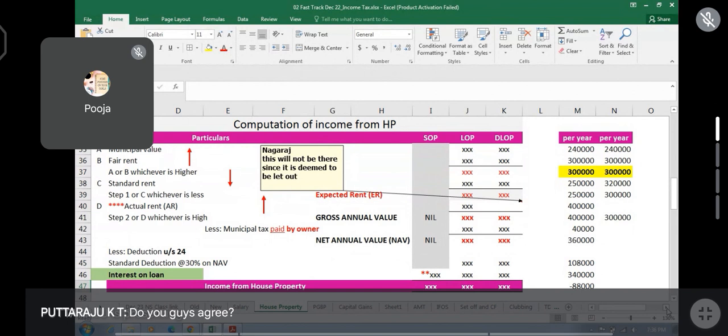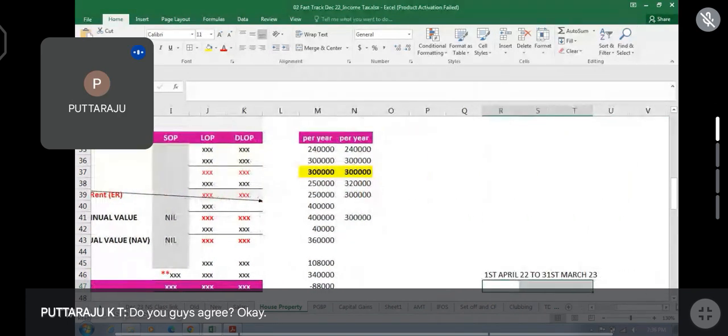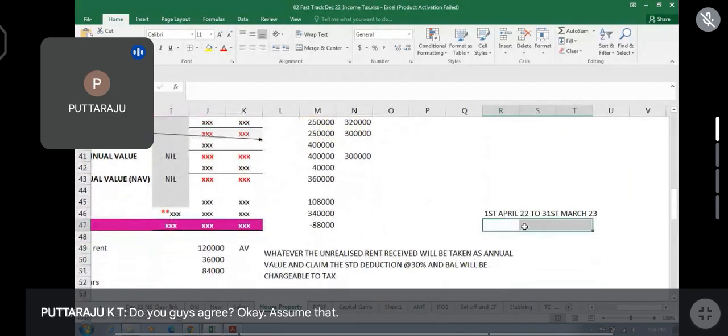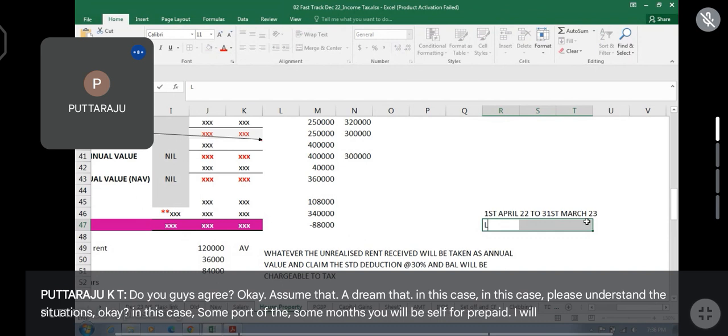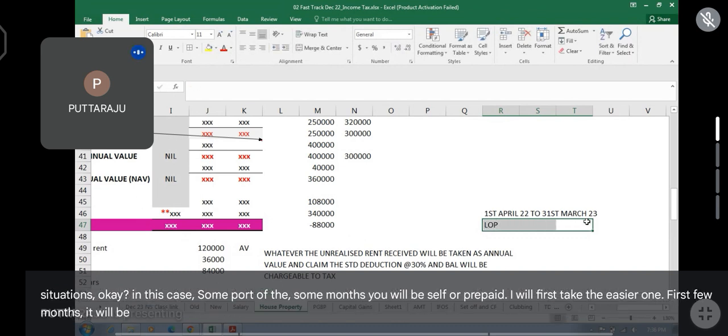Okay. Assume that in this case, please understand the situations. Some months it will be self-occupied. I will first take the easier one. First few months it will be let out.